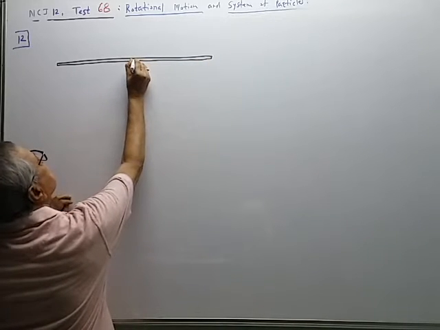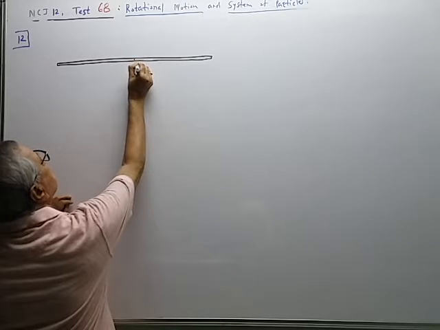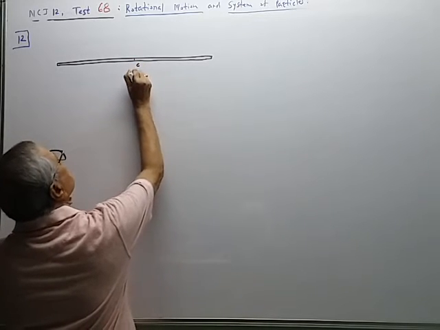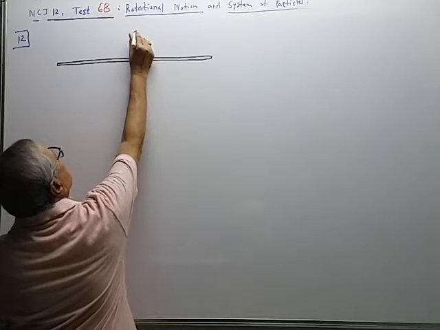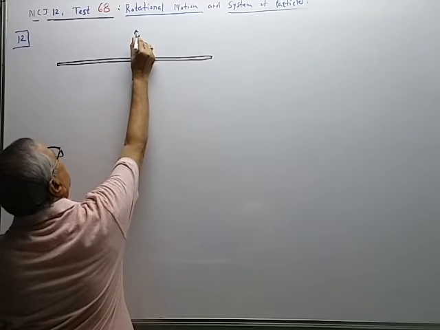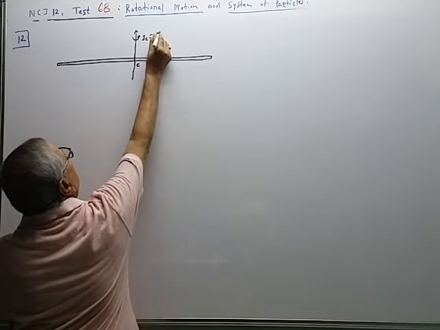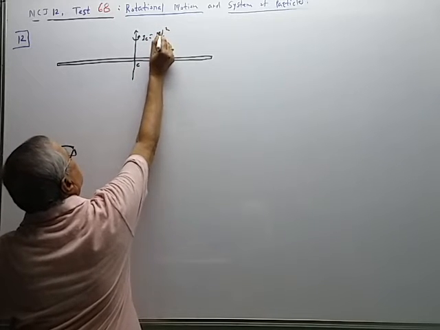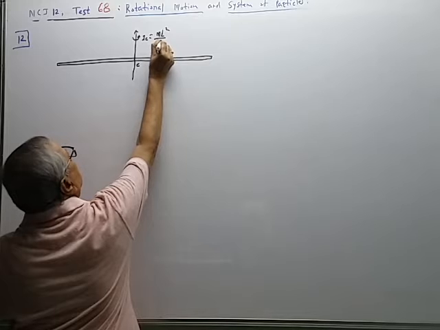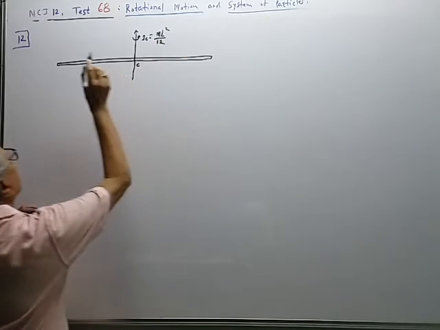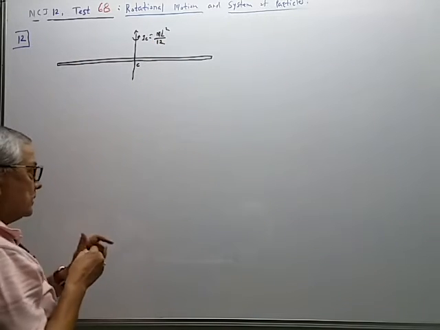Now this is the 50 centimeter point, called the center of mass. If we consider the axis through its center and the meter scale is rotated, the moment of inertia is given by ML square by 12.